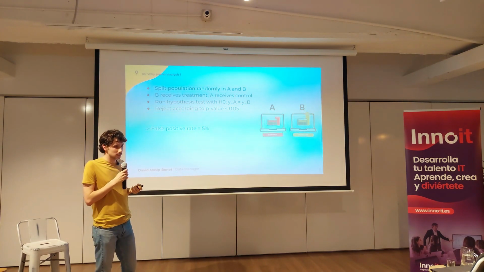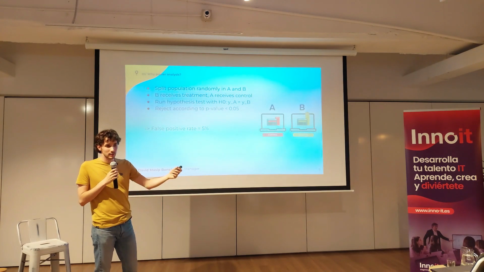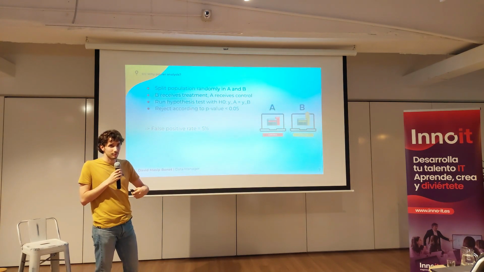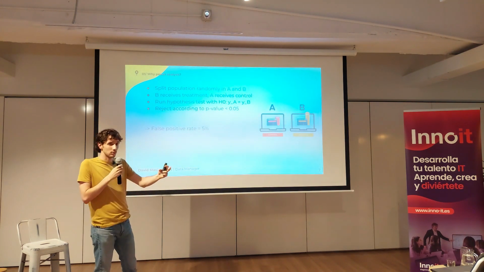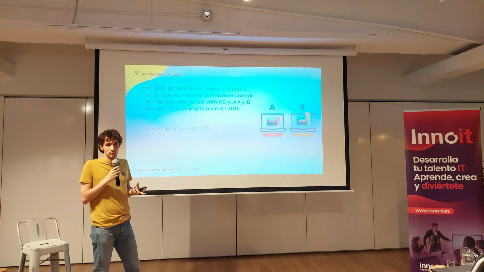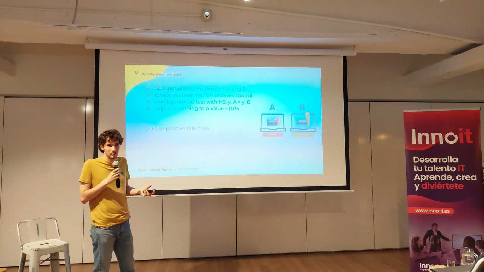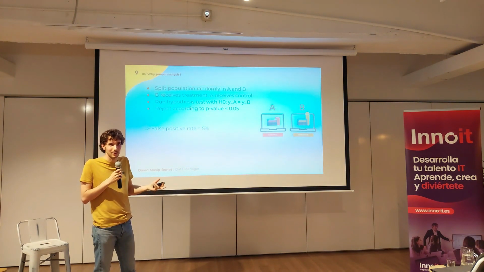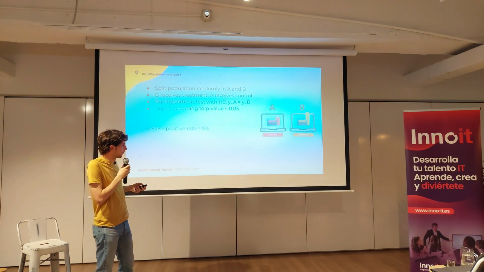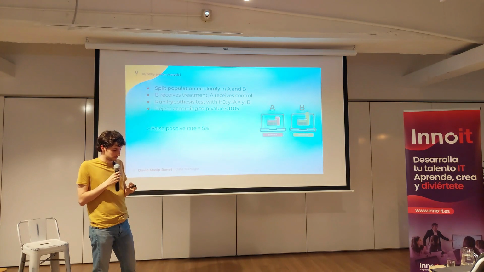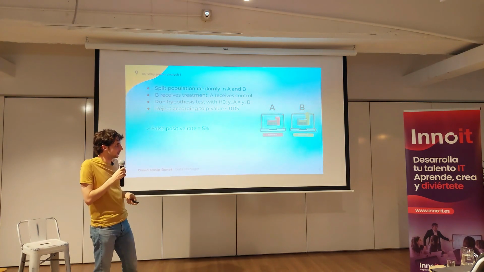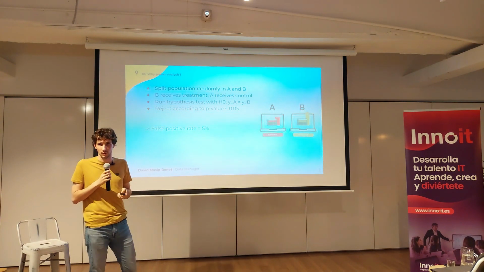False positive rate is I'm going to run 100 tests that have no impact, and on 5 of them I'm going to say, yeah, I did something. No? So the idea is that you want this number to be low. When you don't change anything, you don't want to say that you changed something, no? And we want to keep this low, and in general we keep it to around 5%. So this is how the A/B testing procedure usually works.